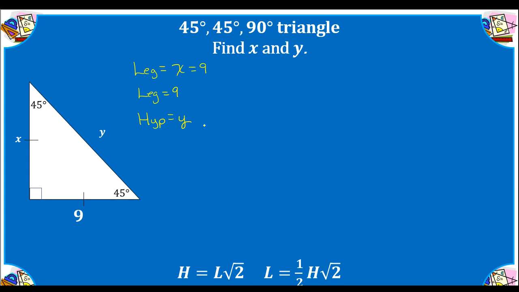So we need to find the hypotenuse. So y equals my leg, which is 9 times the square root of 2. So this is our value, but if they want to know a decimal and round to the 10th, we get about 12.7.